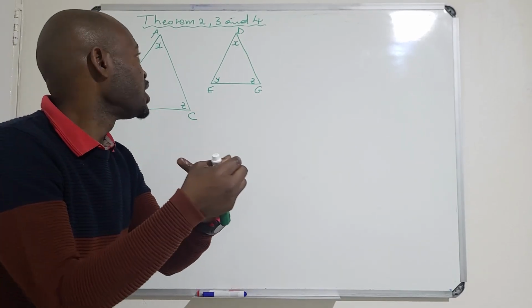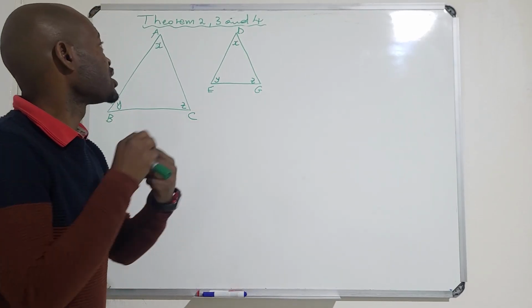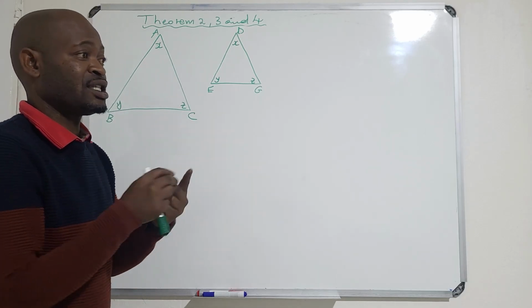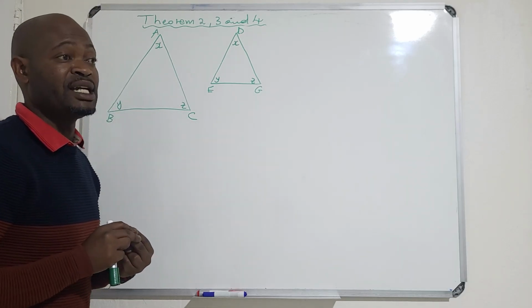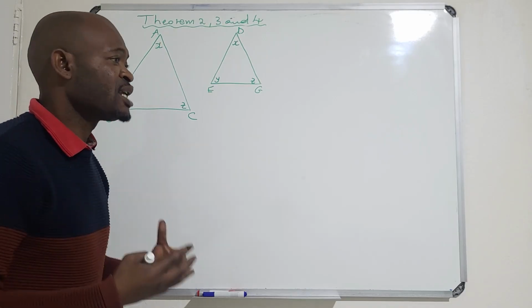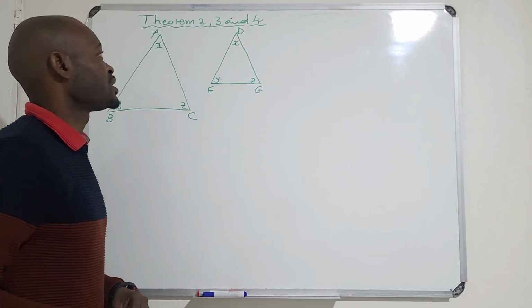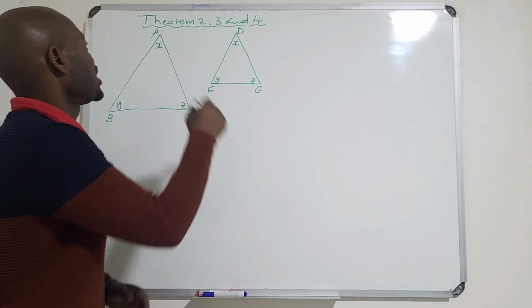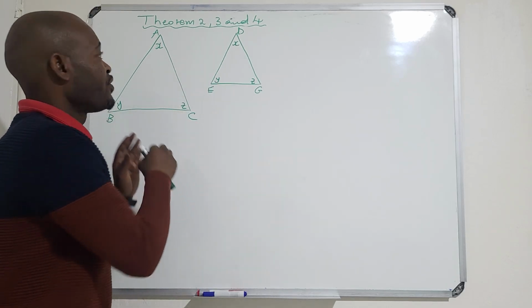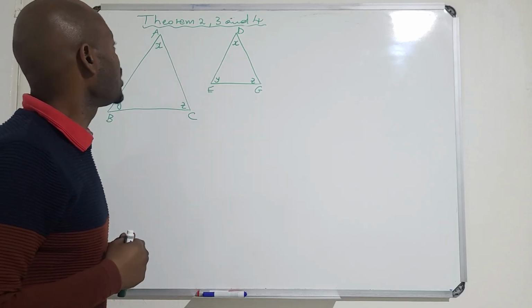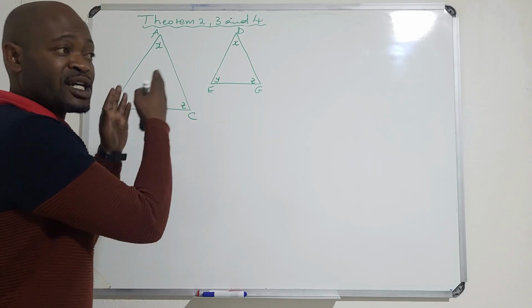The one condition is about the corresponding angles that must be equal. The other condition is that the corresponding sides must be in the same ratio, or they must be in proportion. We are saying that theorem number 2 tells us that if the corresponding angles of two triangles are equal, that is, the triangles are equiangular, then they are similar.